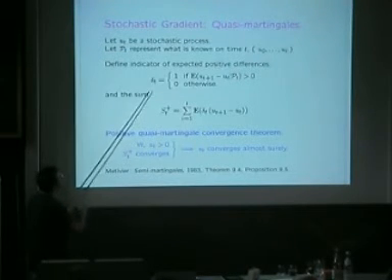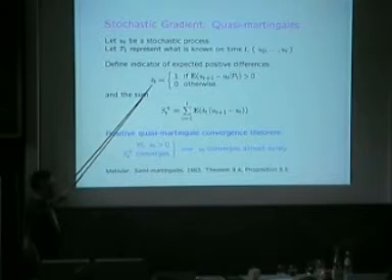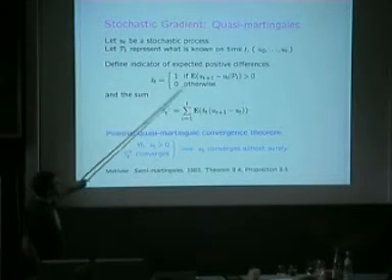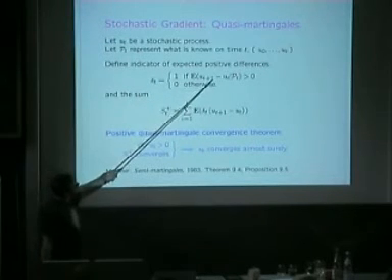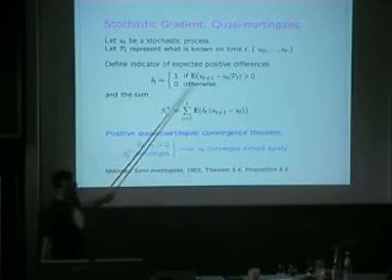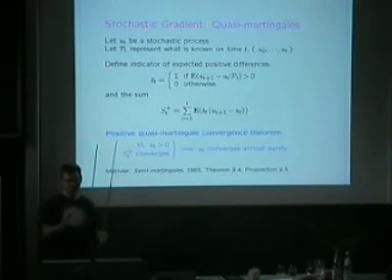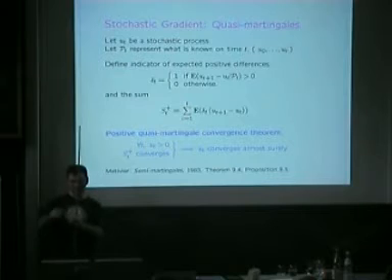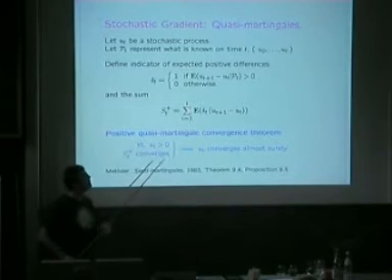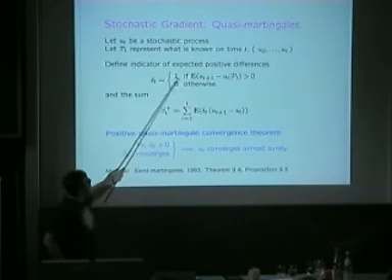So I'm going to define another variable, delta t. And I say it's going to be 1 if the expectation of ut plus 1 minus ut given the past. So the past is everything before. So at a given time, I know everything before, and I have an expectation of ut plus 1. If the expectation is positive, delta t is 1. Otherwise it's 0.